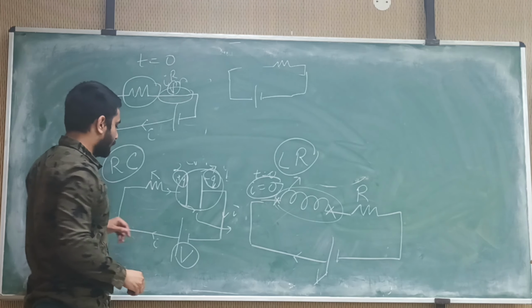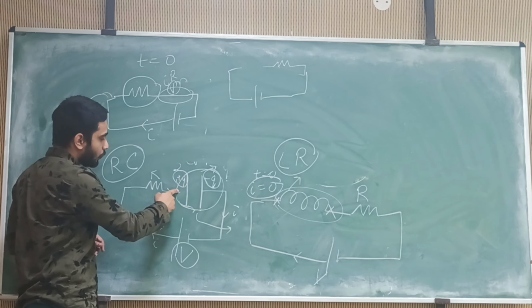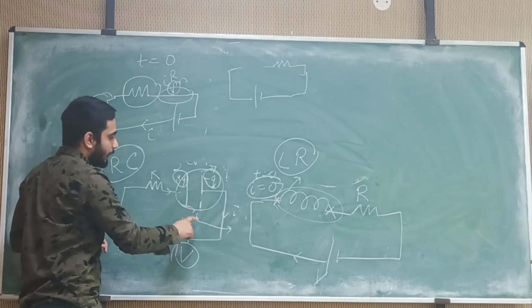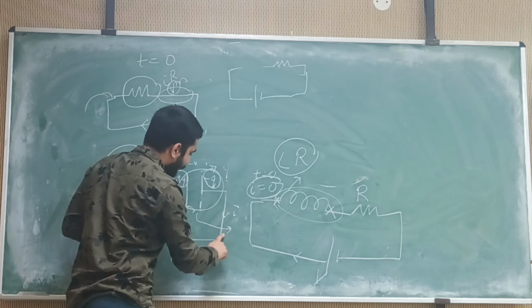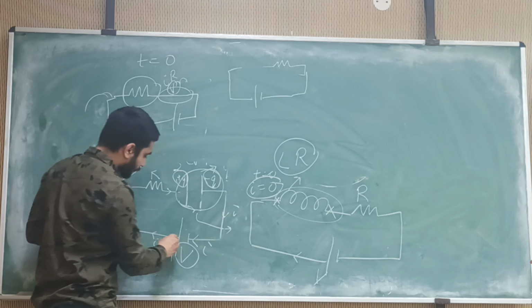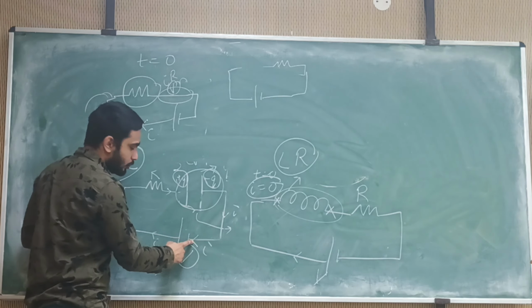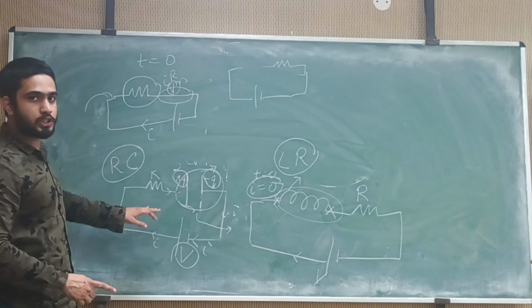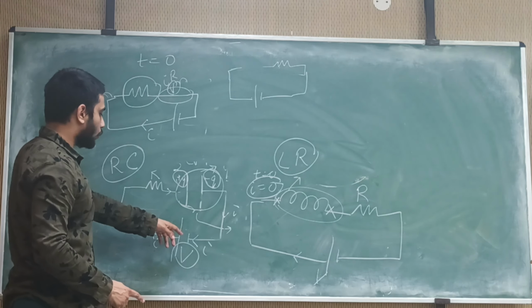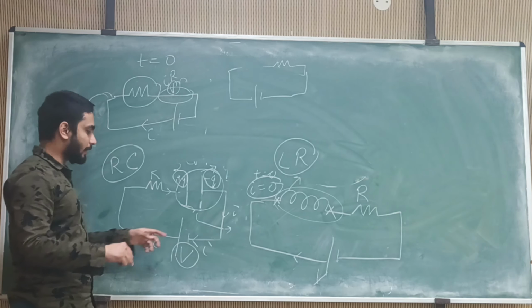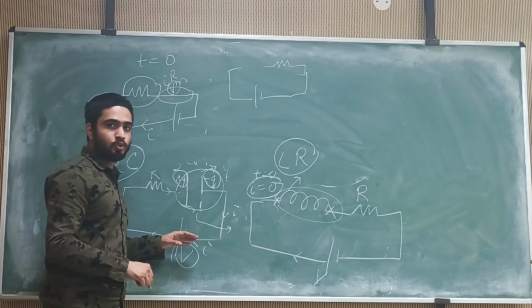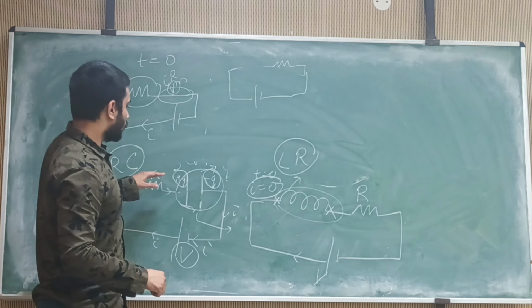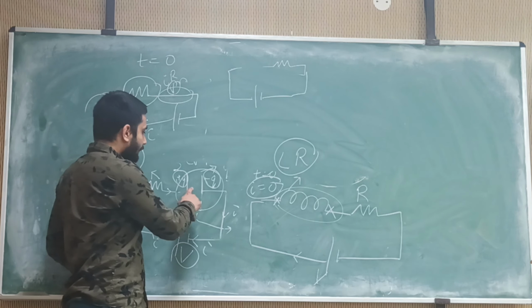So how does this happen? Current I is flowing here to here, but no current is here, and again current I is coming in here, because if current I is going out from this, current I should come in this. The current left from the positive terminal of the battery is equal to the current gained by the same battery at the negative terminal. So this law should be followed.